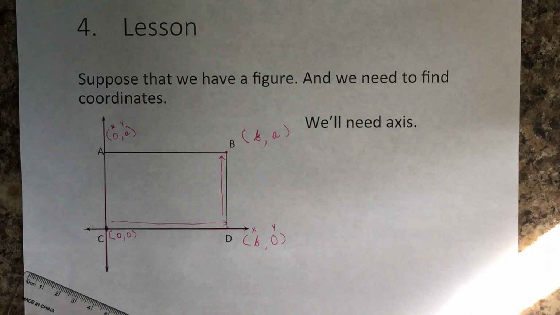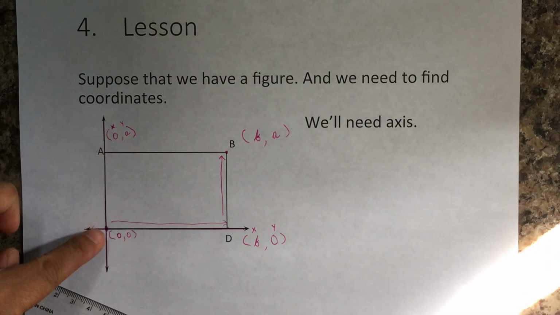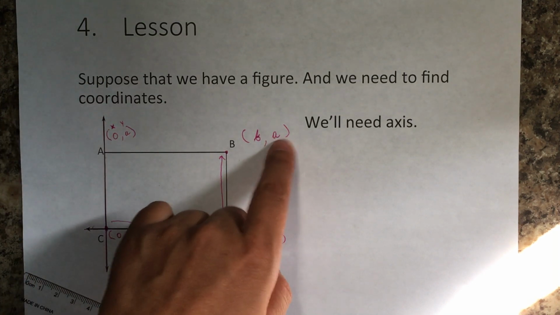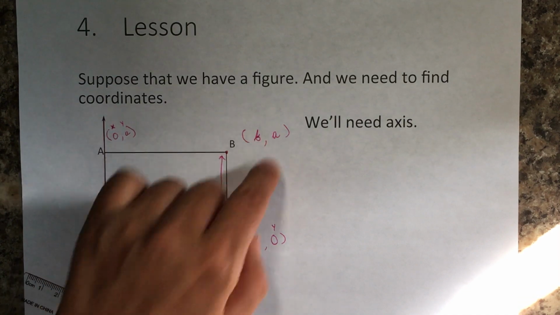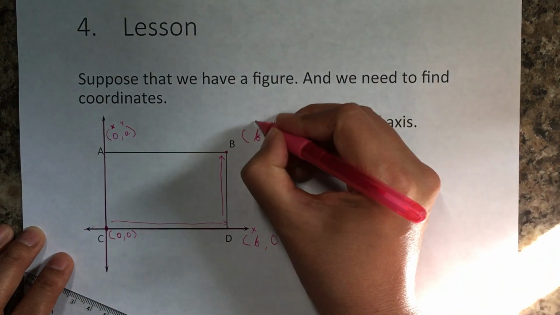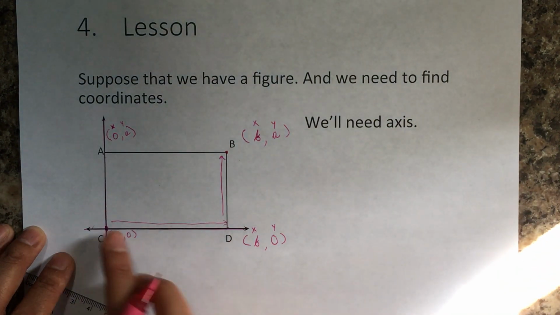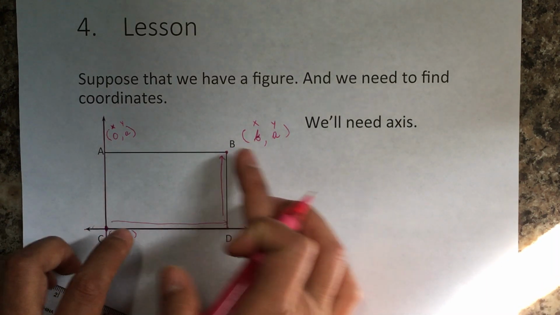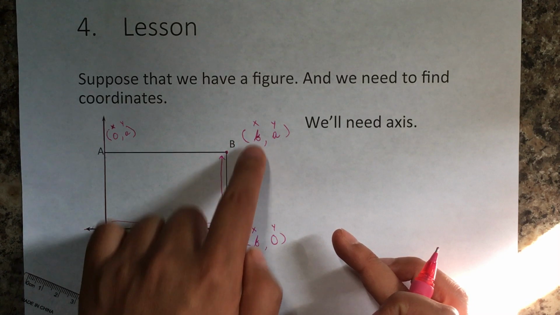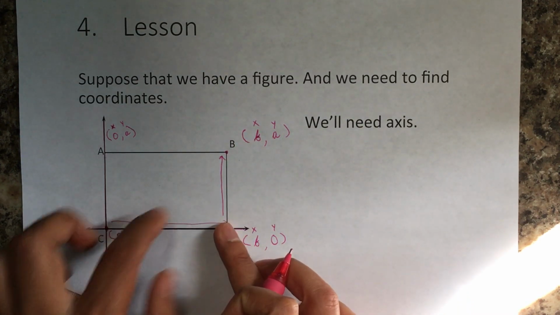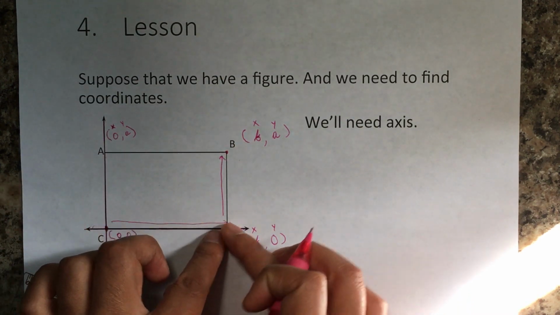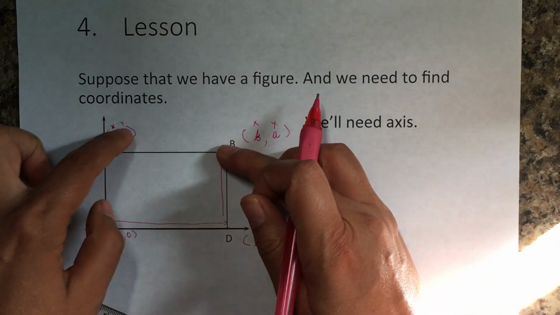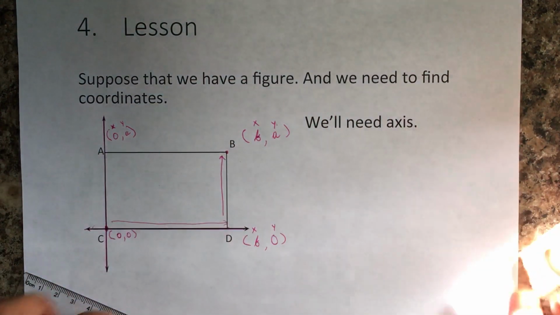So a represents from here to here. That's Y. Since it's the same distance, we put a in here. And b represents the distance from here to here, so that's why we put b in here for both, because it goes the same distance. Both go the same distance on X, and for this point, we also go the same distance as this one, which is a.